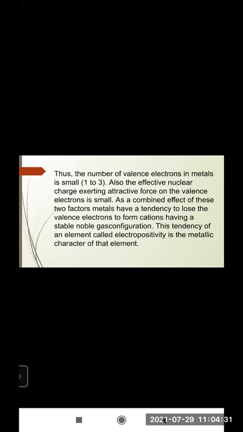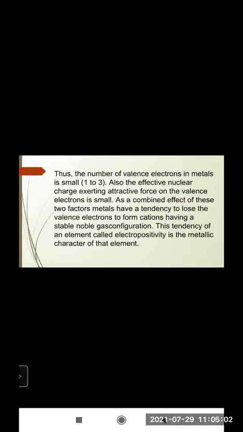And as a combined effect of these two factors, metals have a tendency to lose the valence electron to form a cation having a stable noble gas electronic configuration. And this tendency of an element is called electropositivity, and it is the metallic character of that element.